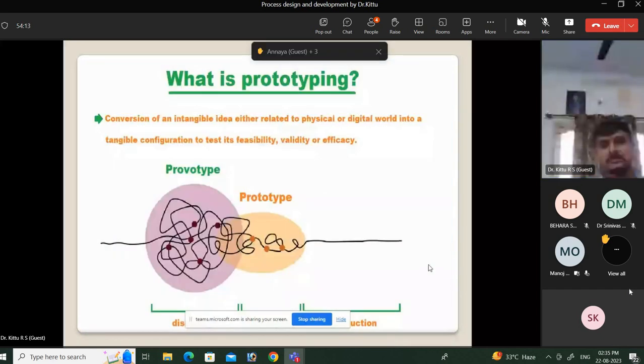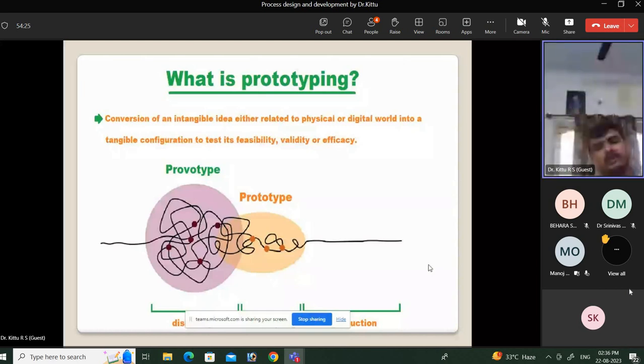So you all are aware of what prototyping is. This is a basic thing you can observe here. A prototype is a convergence of an intangible idea, related either to the physical or the digital world.